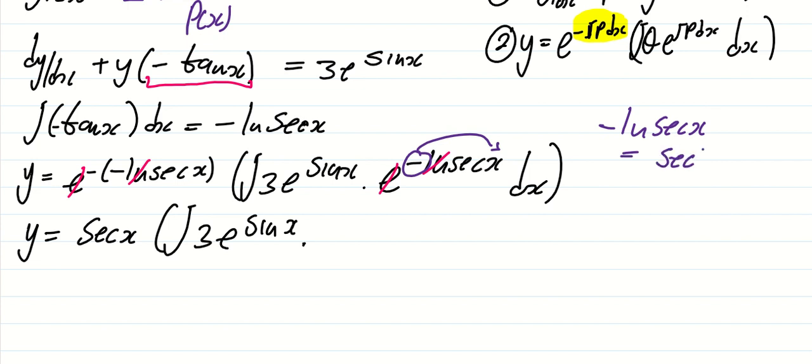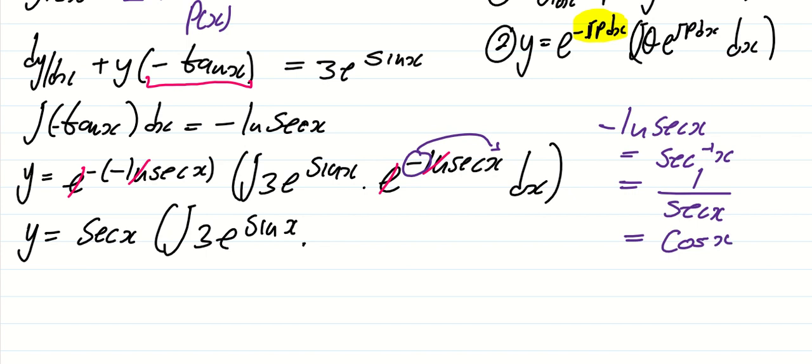So minus ln sec x is the same as ln of 1 over sec x, and 1 over sec x is equal to cos x.